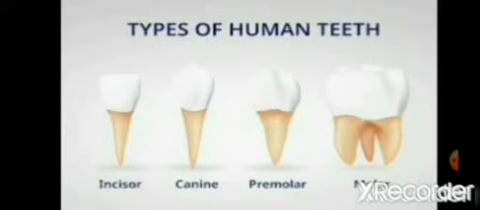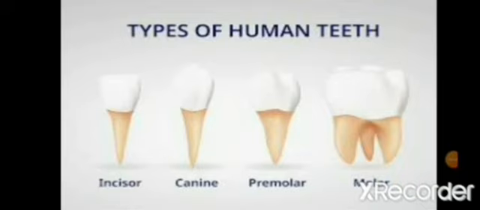Generally, by the age of 2 years, a child has a set of 20 milk teeth. Around the age of 6 years, these begin to fall off and a new set of 32 permanent teeth replaces them. By the time a child is 12 or 13 years old, he has 28 permanent teeth. 4 more wisdom teeth grow between the age of 12 and 21.